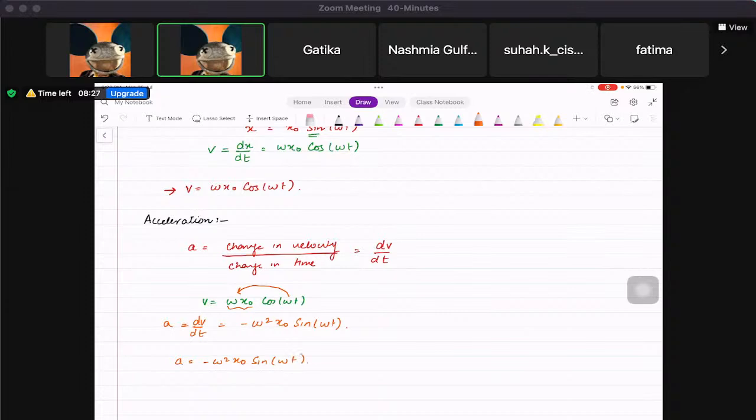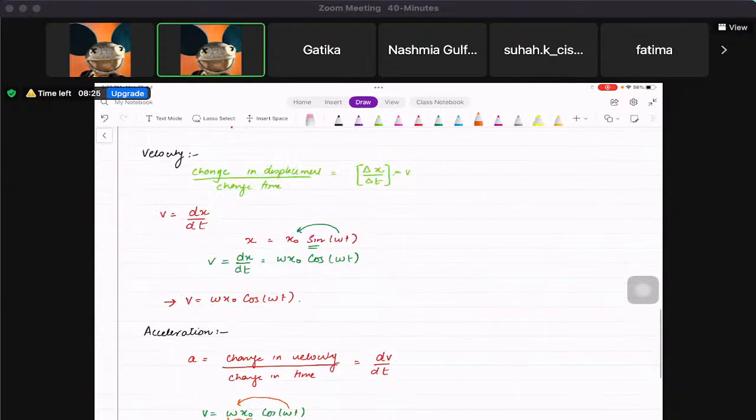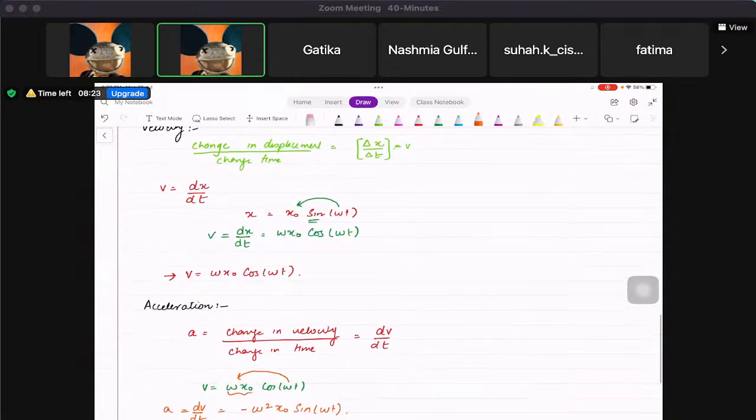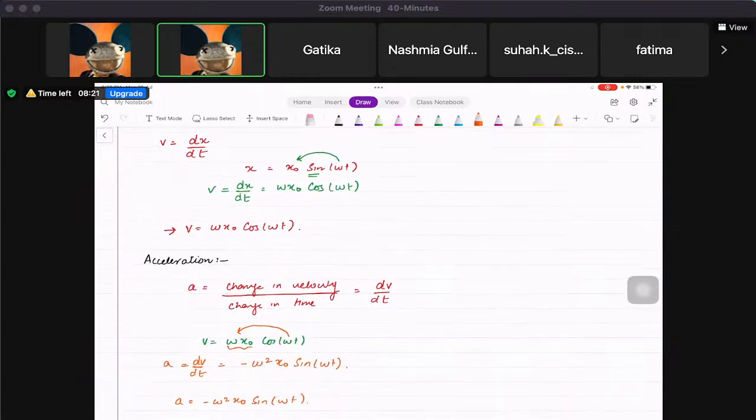Now see, you might be wondering how difficult it is. It is not really difficult once you get to know the rules, because they can give you any cos or sine equation, and you just need to follow this rule. Remember, you have displacement, velocity, and acceleration.